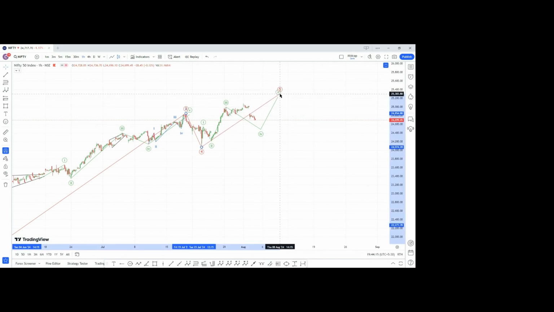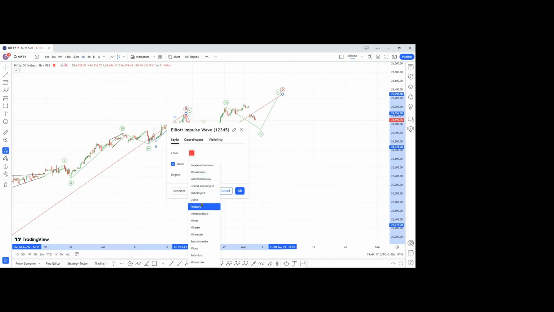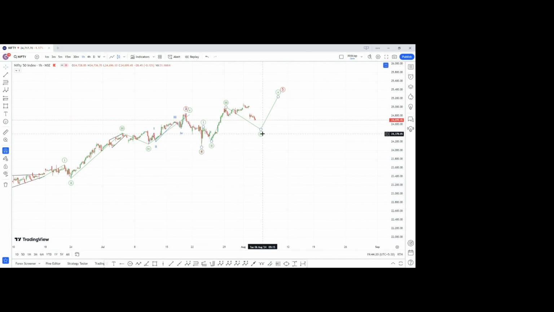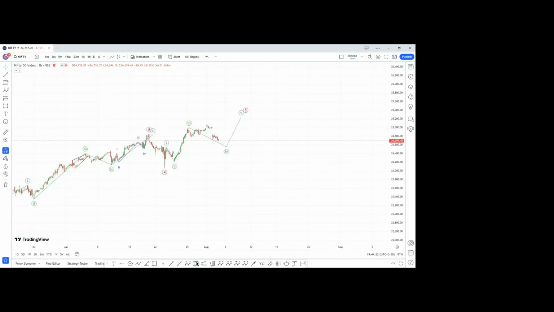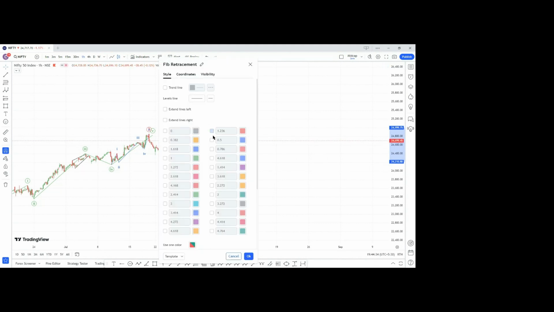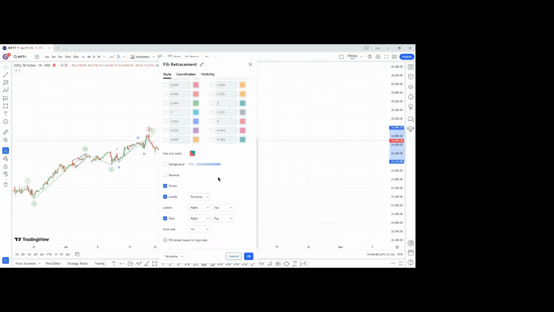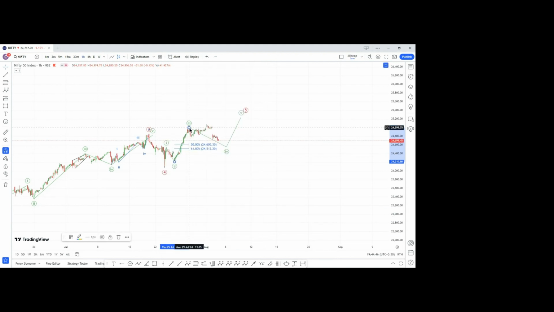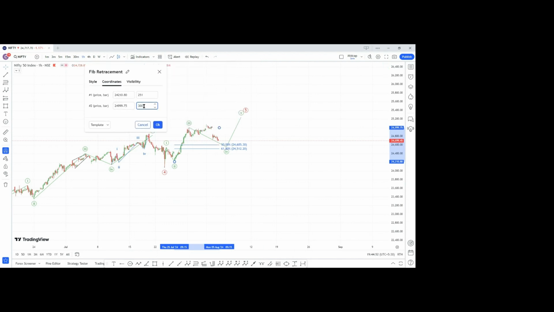But with that prospect, if I want to move ahead, then price has to stop between 50 to 61.8. So this is the zone where it should stop.